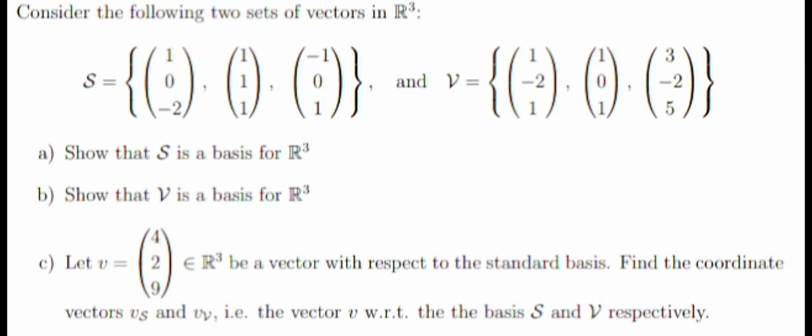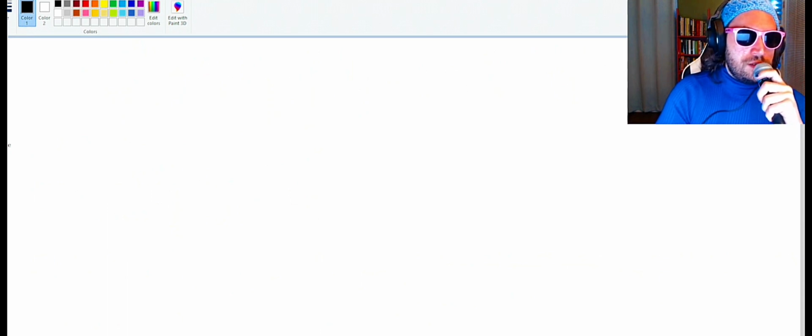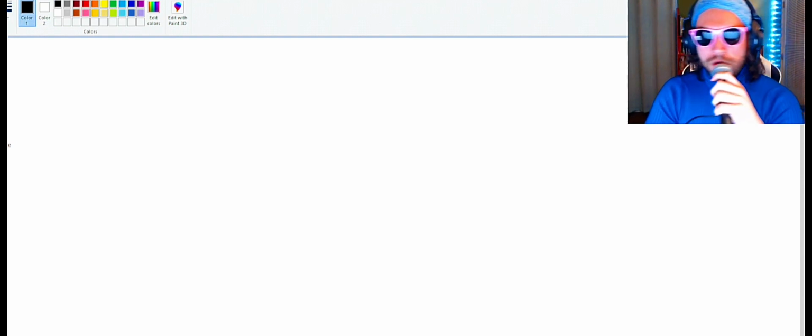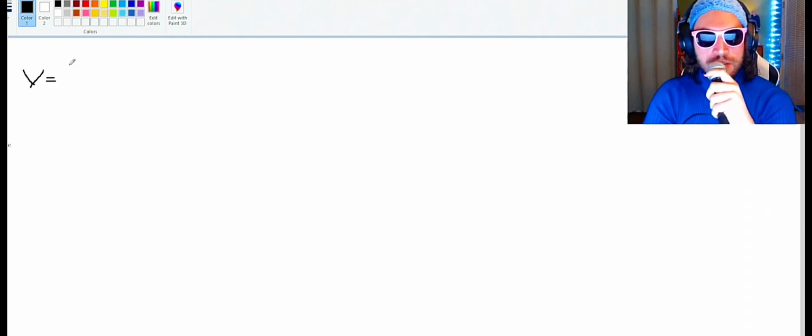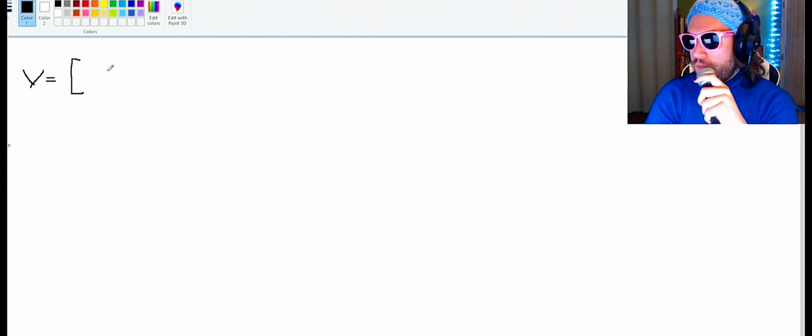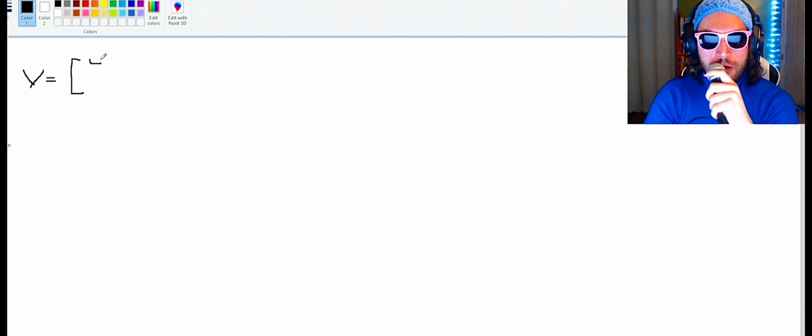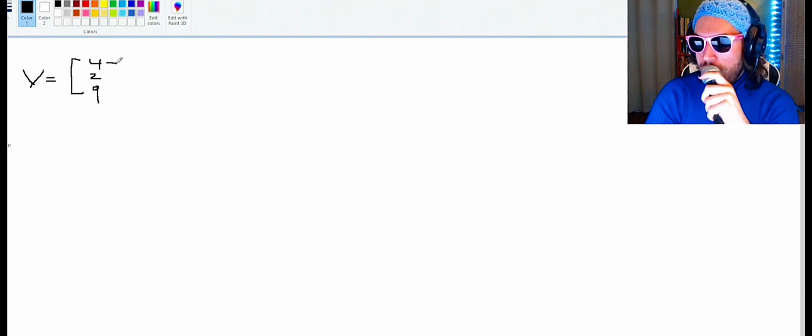So, okay, so for C, pretty simple stuff. So vector V is equal to 4, 2, and 9. We know that.